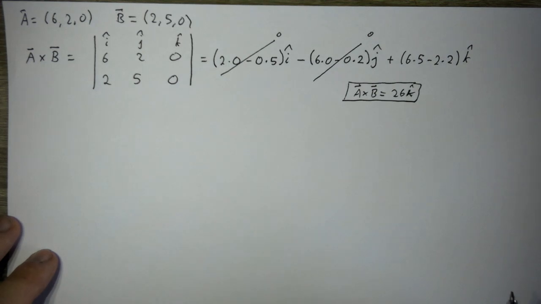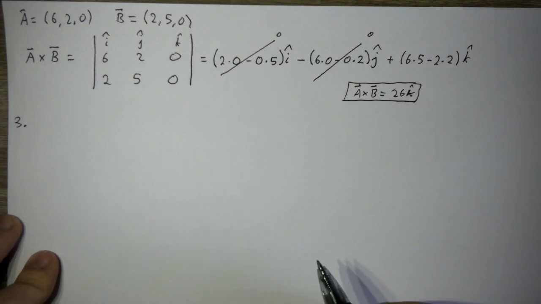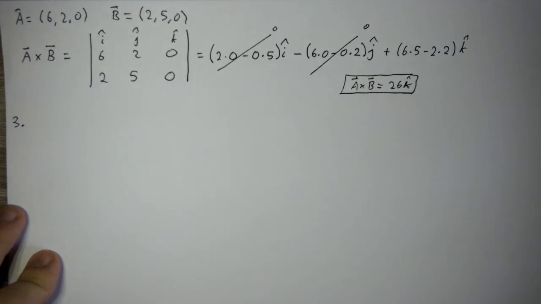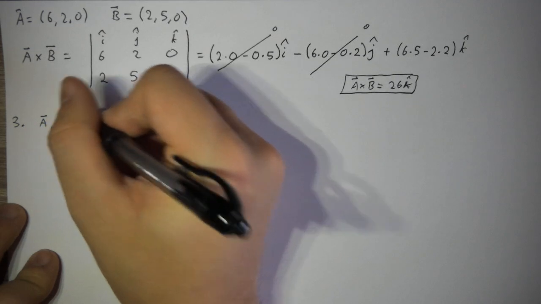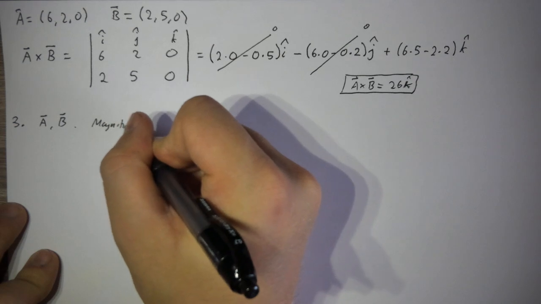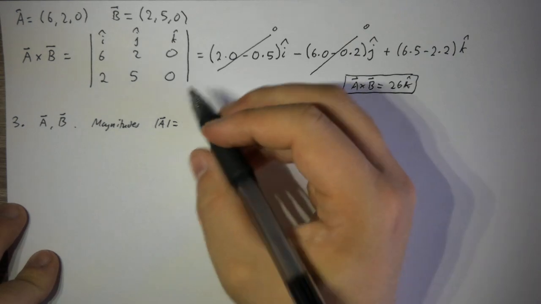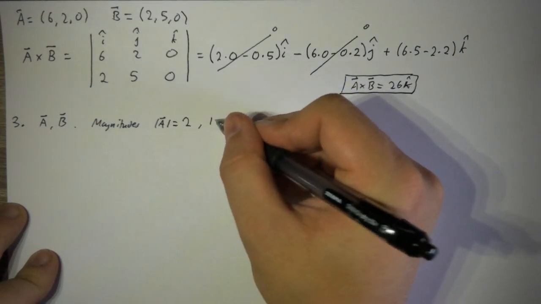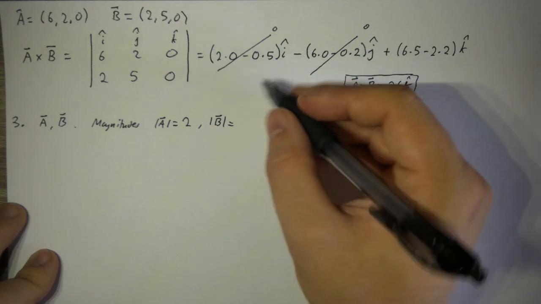Okay, now let's do one more problem. So in this problem, we are given two vectors, A and B, and they have magnitudes. So we're given the magnitudes. A is equal to 2, and B is equal to 5.